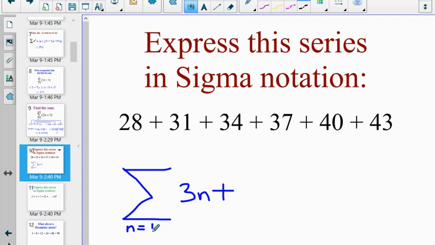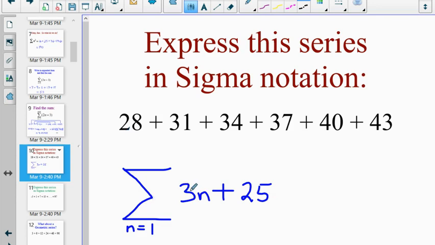Now, if I want to start at n equals 1, that's usually a pretty good place to start. I just need to make sure that whatever I add on here is going to give me 28. So right now I've got 3 times 1 plus something. Well, if I want to add 3 to something to get 28, it must be 25. Plug in 1, 3 times 1 plus 25 is 28.